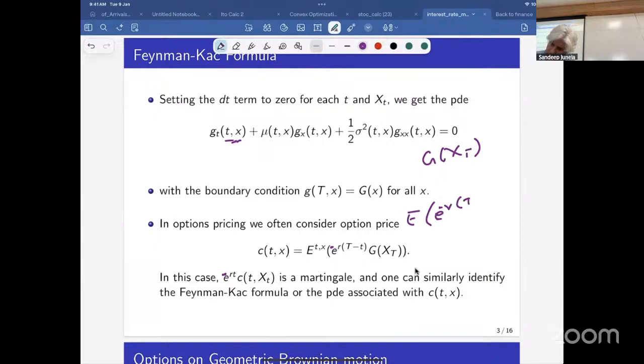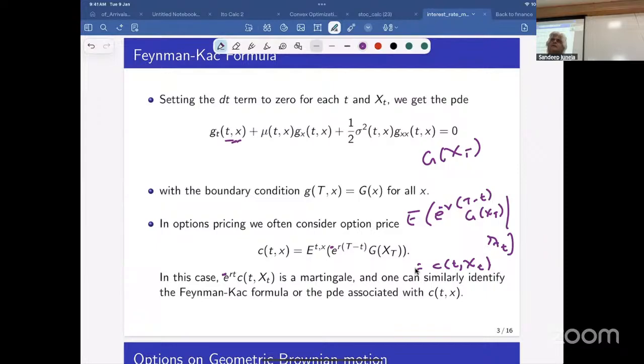Then this is going to be C_t(X_t). Right? But is C_t(X_t) a martingale? We just used the fact that C_t(X_t) was a martingale earlier. But now, is it still a martingale?